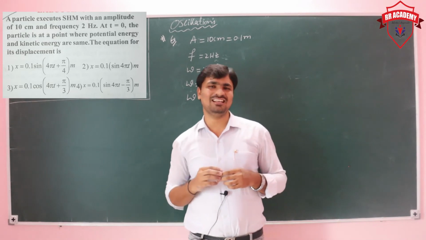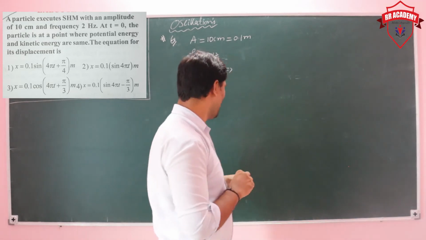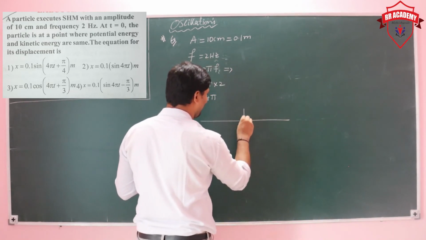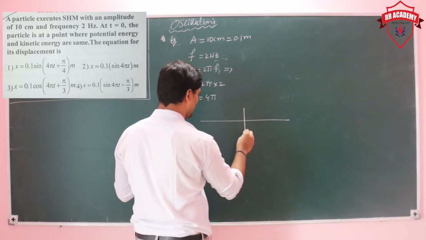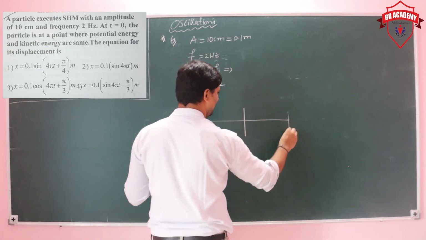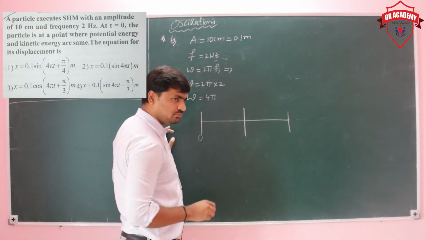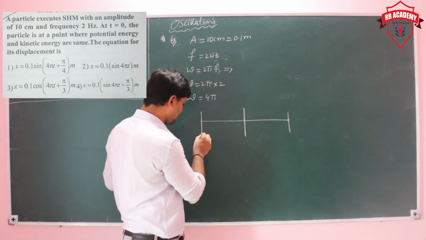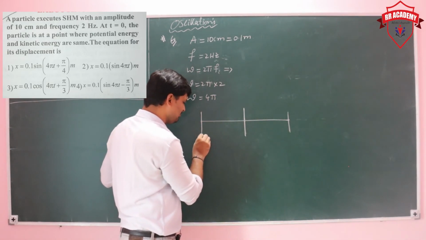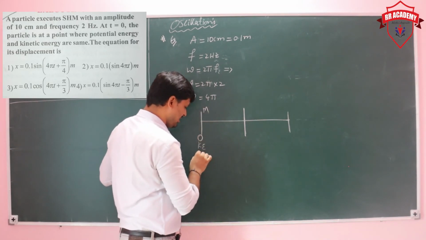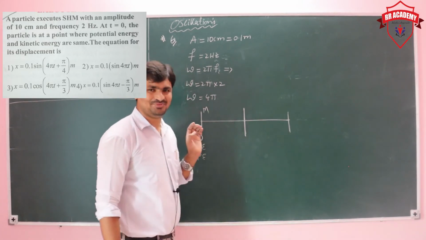Where the potential energy and kinetic energy are same. We know that, and in the last video I gave one table for you, at different positions, different values. At 0, means at mean position, maximum kinetic energy, minimum potential energy.